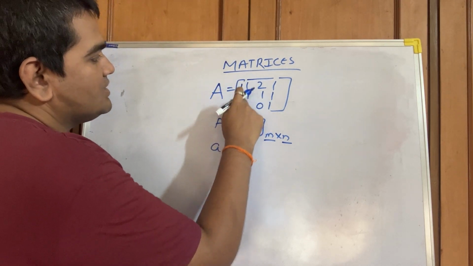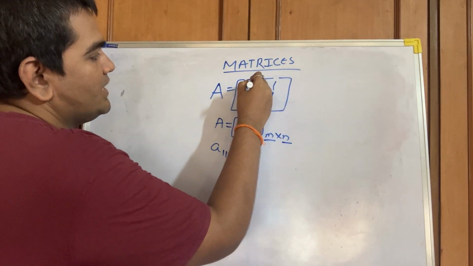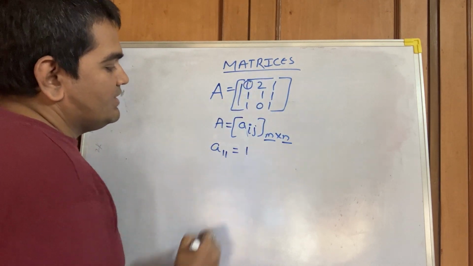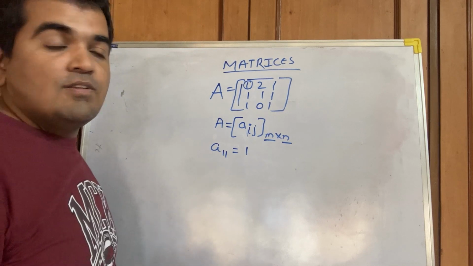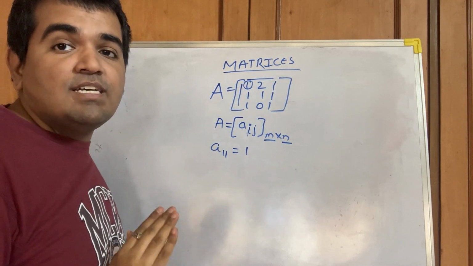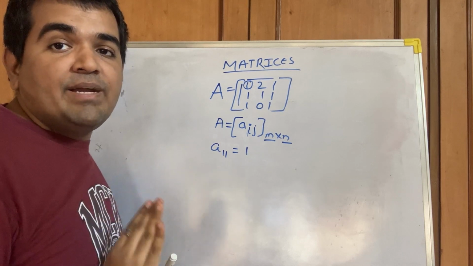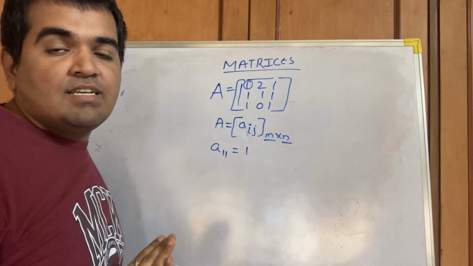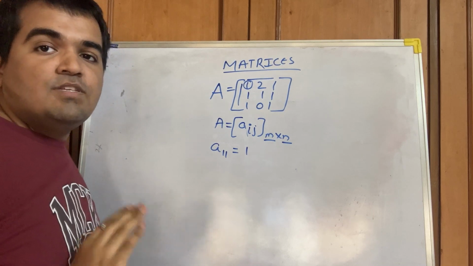A11 is first row, first column, that is element 1. So the numbers or entities in the matrix are known as the elements of the matrix. So we will conclude this video today.